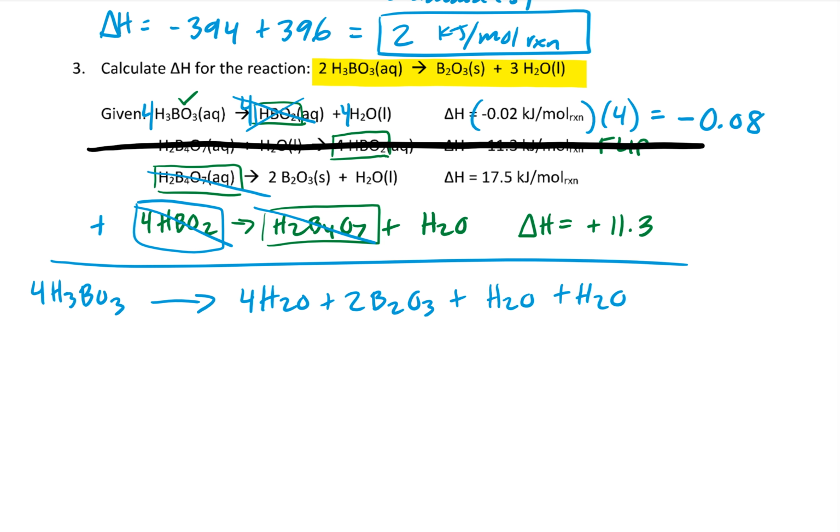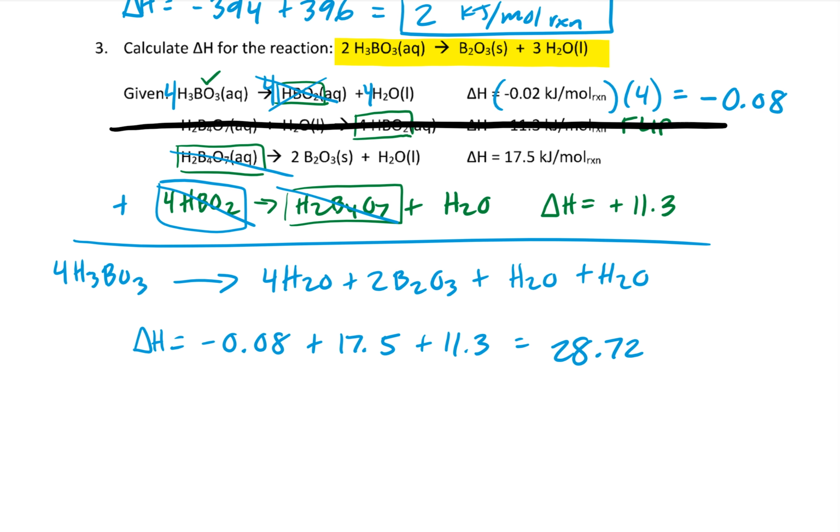Okay, and since I just added those equations together, I need to add the delta H values. So negative 0.08 plus 17.5 plus 11.3. Okay, when I do that, I get 28.72 kilojoules per mole reaction.